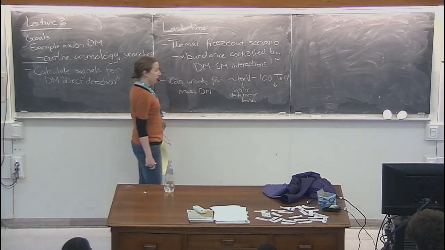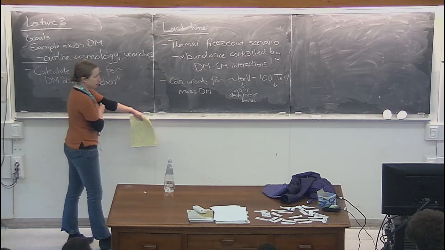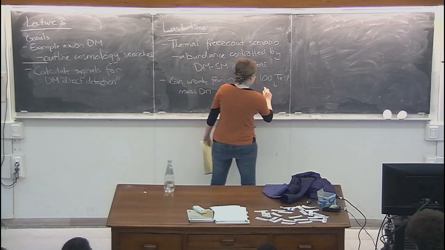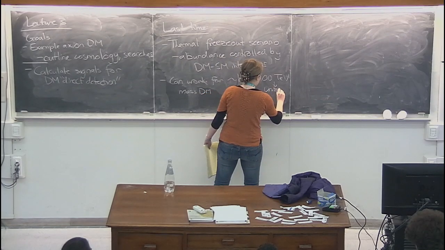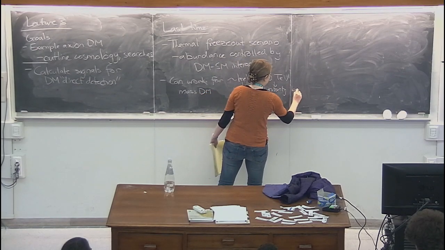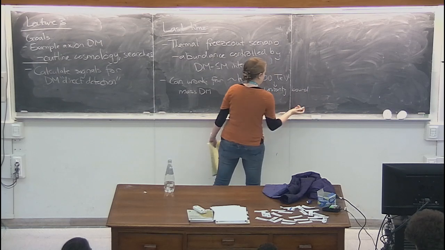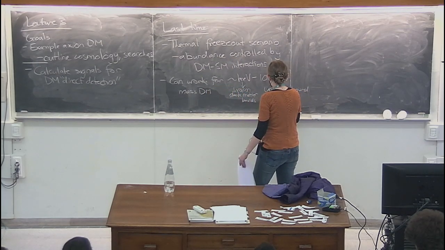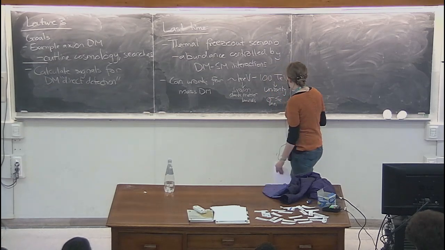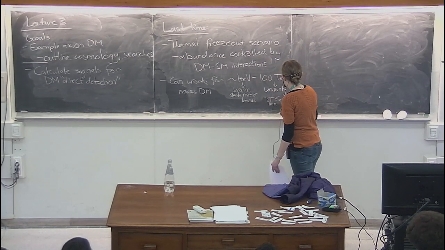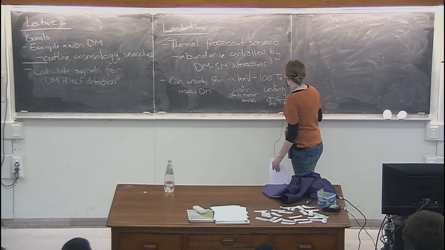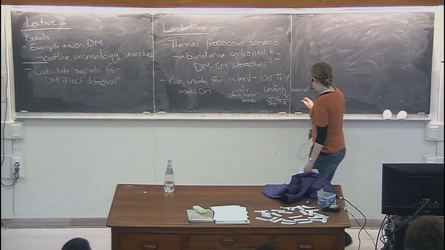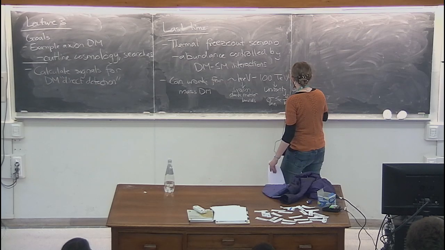So if your mass is appreciable, to make this a little bit more formal, there's a unitarity bound on the annihilation rate, which says basically that sigma, the annihilation cross-section, should be constrained by this geometric cross-section 4 pi over k squared. So k here is the momentum of the particle.